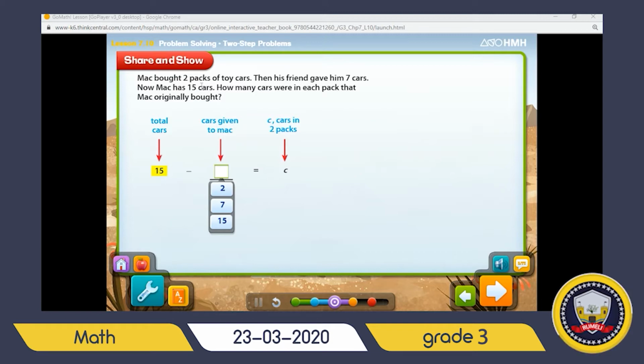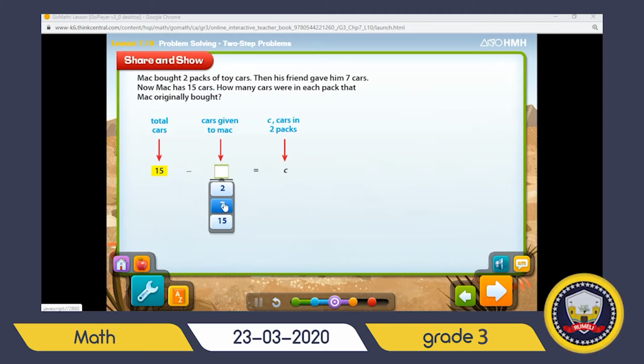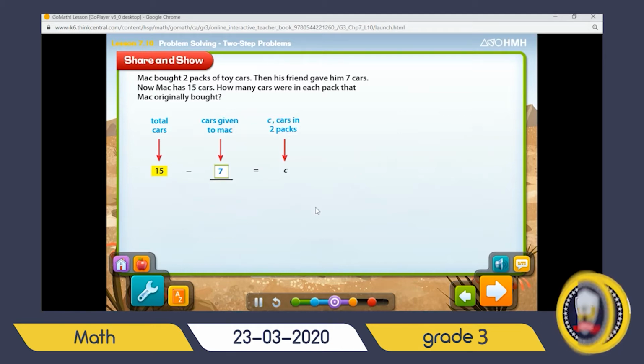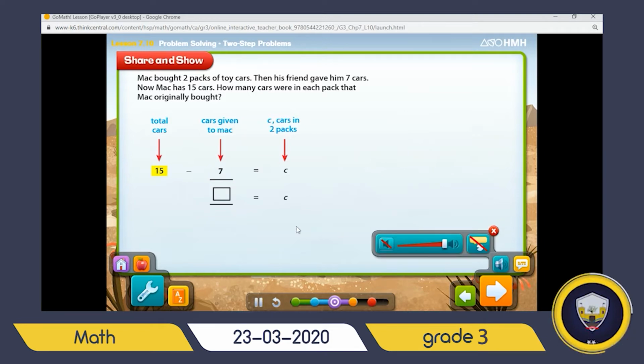So if he has less than 15 cars, it means I need to do subtraction to find the total number of cars before his friend gave him 7 cars. So 15 minus 7, because his friend gave him 7 cars. Okay, so right now what will I get?